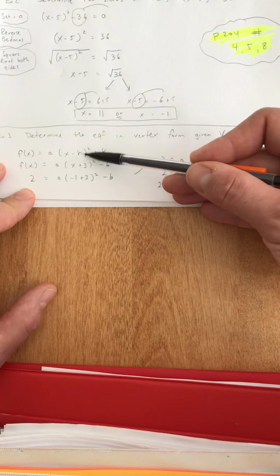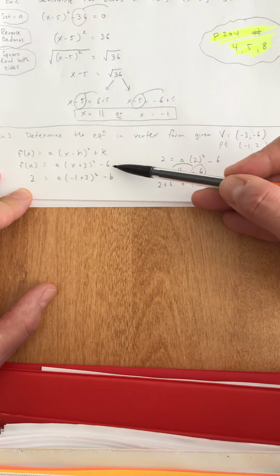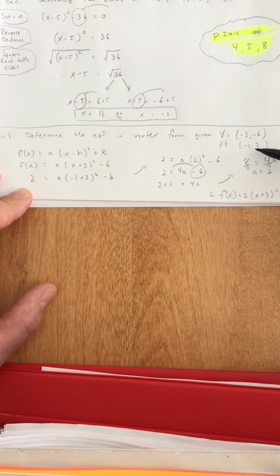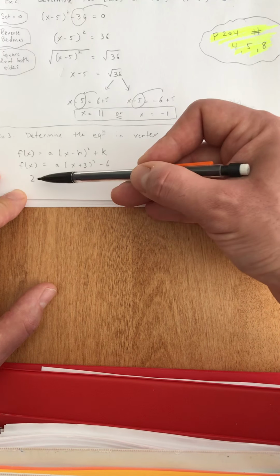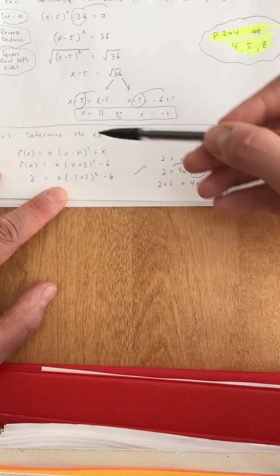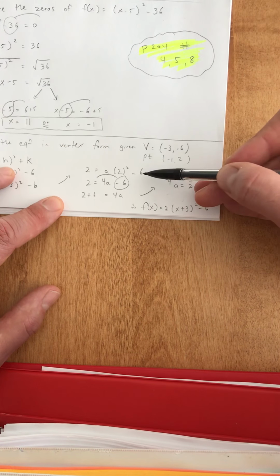Remember that wacko bracko, the negative 3 turns into a positive 3, and the minus 6 stays where it is. So that's where the vertex goes, h and k. And then the point negative 1, positive 2. The negative 1 is the x coordinate. The positive 2 is the y coordinate. And again, we've got to solve for a. Once all that stuff is in, we just begin to simplify and solve.